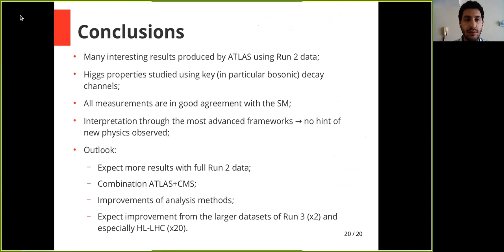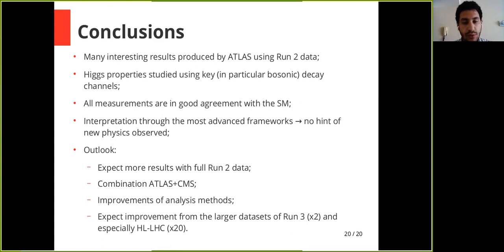So this already brings me to the conclusions. Today, I've presented many interesting measurements produced using Run 2 data by ATLAS, and all of them were in perfect agreement with the standard model prediction. This is not the end of the story, though, because we expect more results with full Run 2 data.